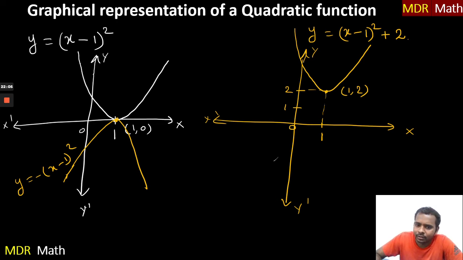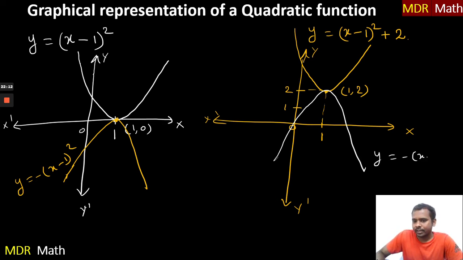Okay. Now, let me take similarly y is equal to minus x minus 1 whole square plus 2. So what do you see again? For this parabola also, the coordinates of the vertex are 1, 2. So what do you see from this?